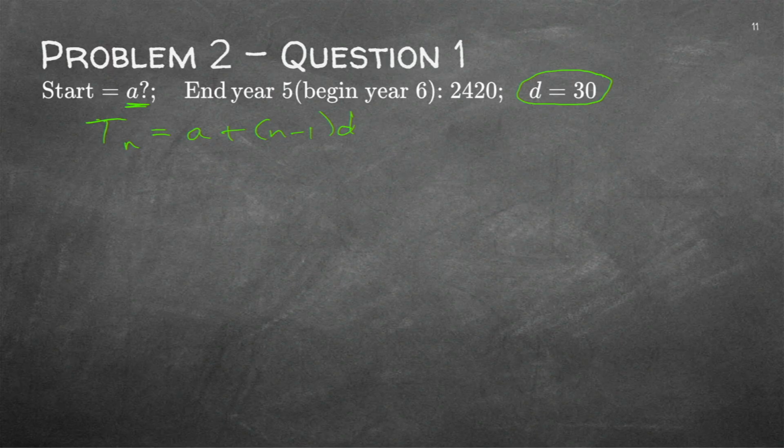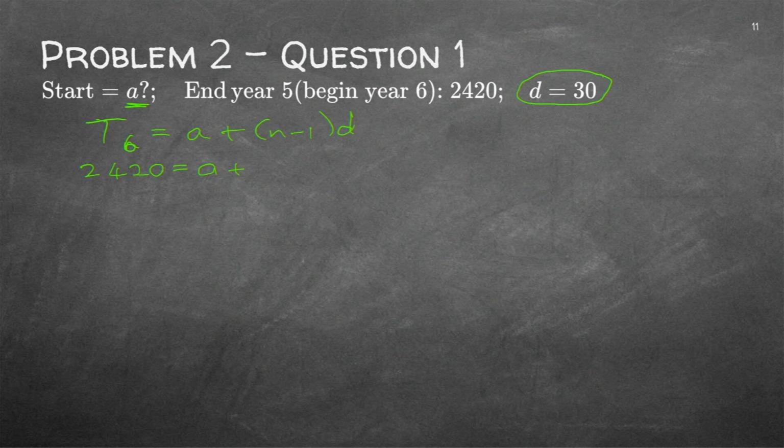But what I do have is that at the end of year 5, which is the beginning of year 6, he had, so I can make that a 6, he had 2,420. So what is that 2,420? That's the amount, the term, the T. So I can replace it by 2,420. The A I do not have, so I leave it there.